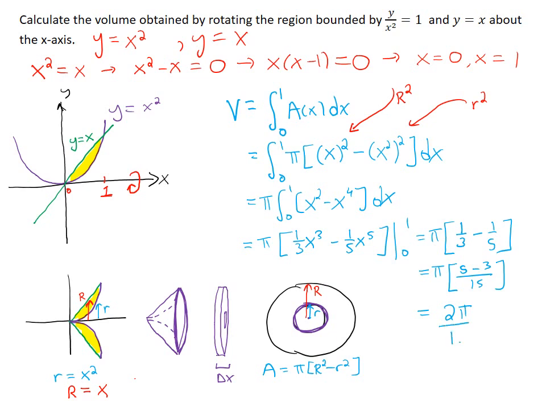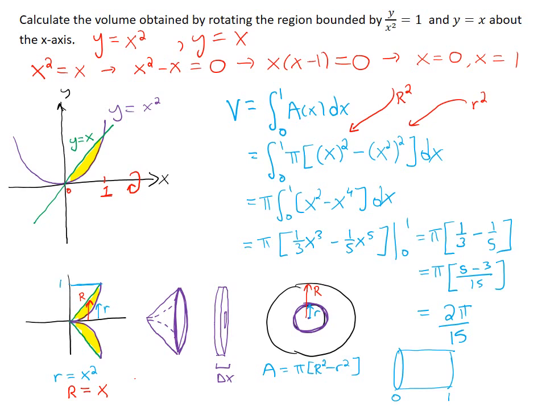And if you wanted to do a check, if this volume makes sense, you could look at a cylinder that contains that volume. So we're integrating from 0 to 1, and that cylinder that would contain it would go back to our picture. What's the y value here? It's going to be 1 as well, where they touch.